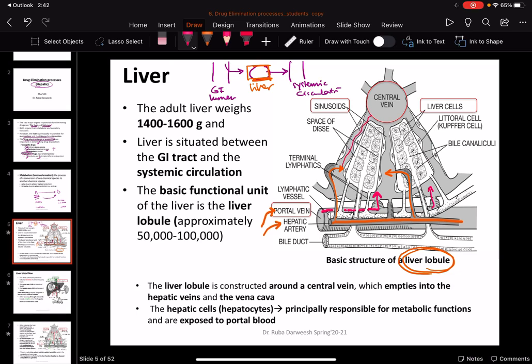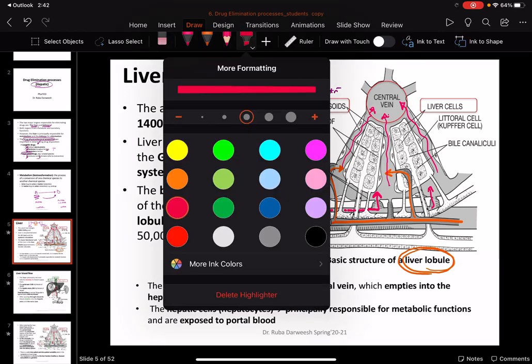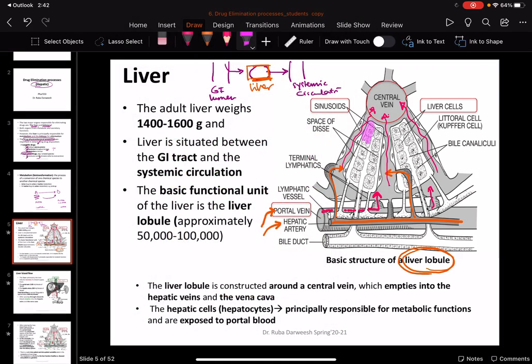blood will go through those capillaries or vessels, in which we have this sinusoid, which surrounds what we call the hepatocytes.